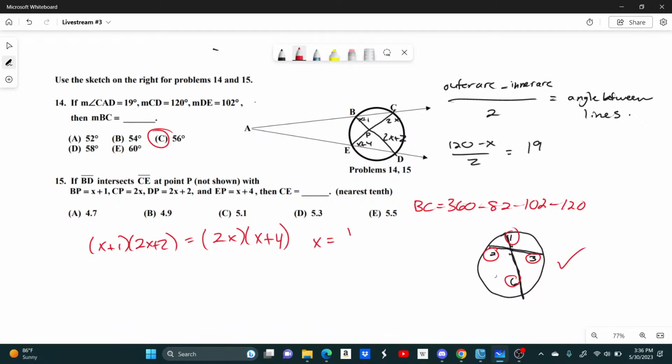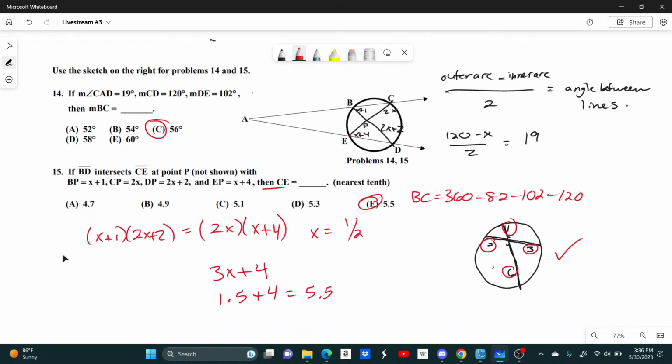And I'm trying to find what CE equals. Well, CE is this whole thing along here. So it's x plus 4 plus 2x, so 3x plus 4. And so if I plug 1/2 into that, it would be 3/2, which is 1.5, plus 4 gives you 5.5. Right? All right, let's keep going.